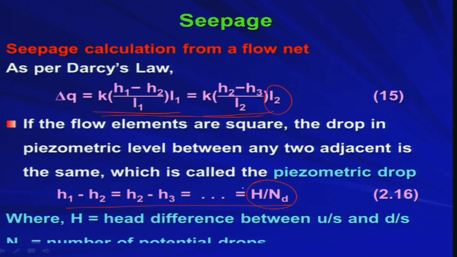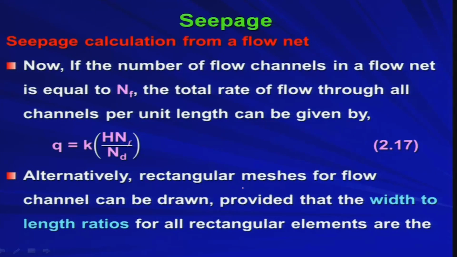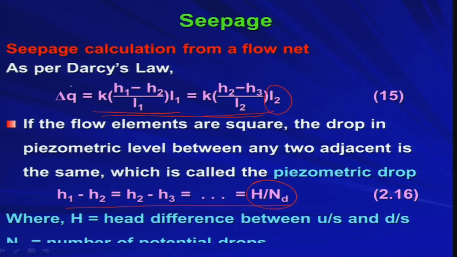So, delta Q is equal to K into H by ND. From equations 2.15 and 2.16, we can see that delta q is equal to k into h by nd.